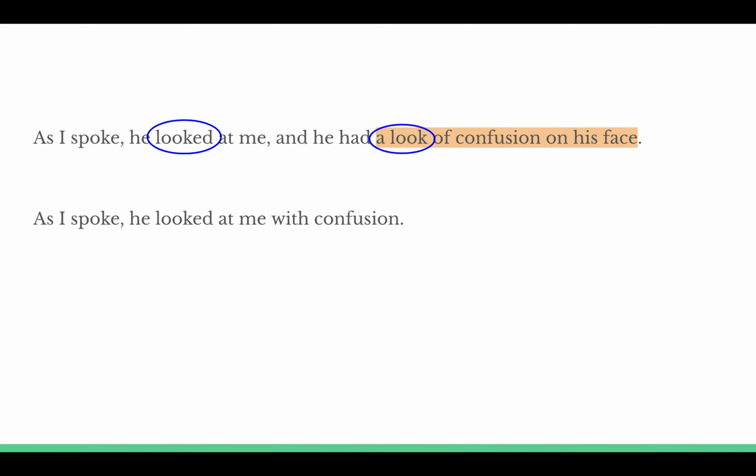Now, if the student stopped here, I'd say, this is worlds better than what you had. Keep it and move on to the next thing. But if the student were inclined to go a little bit further, they might write this. He looked at me quizzically as I spoke.